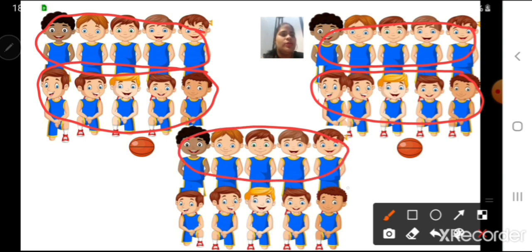And here also 5. So we have made 5 students in one team, correct? So how many teams are formed? Count everyone. 1, 2, 3, 4, 5, 6. That means total 6 teams have formed. So 6 is our answer.